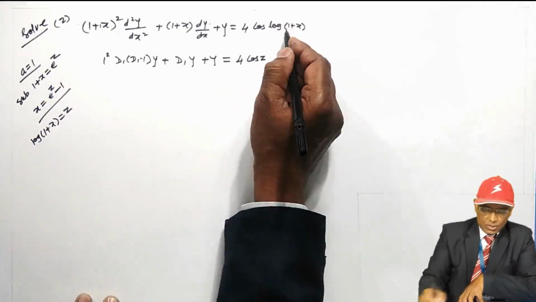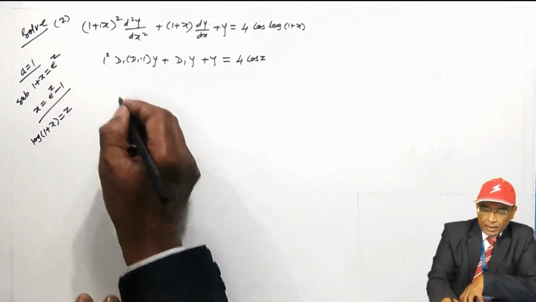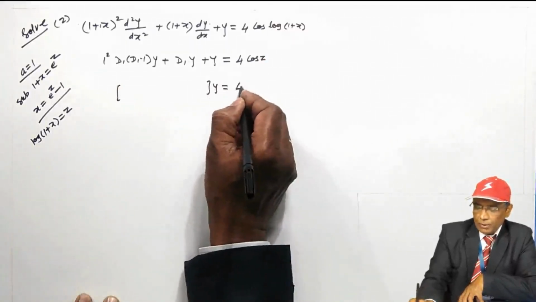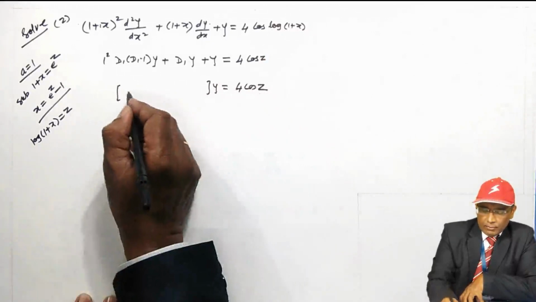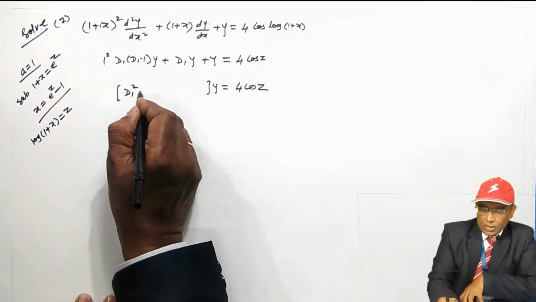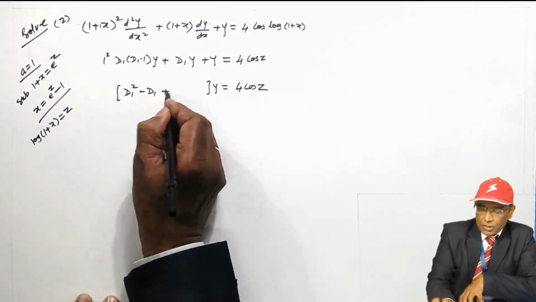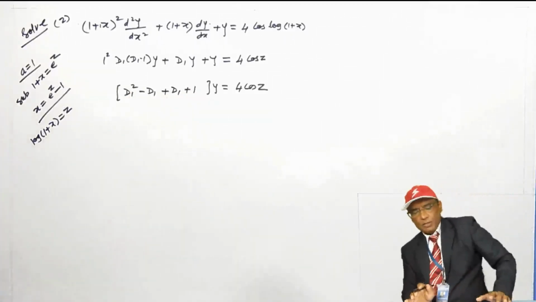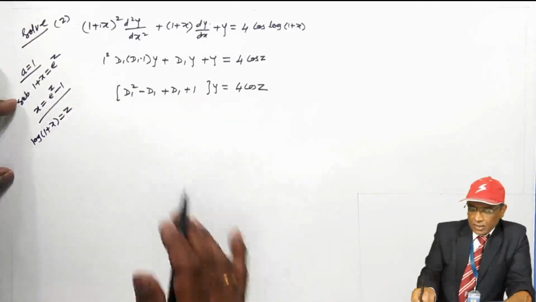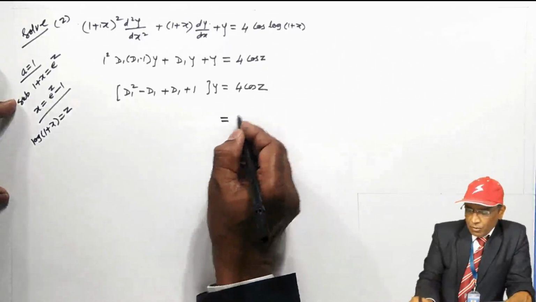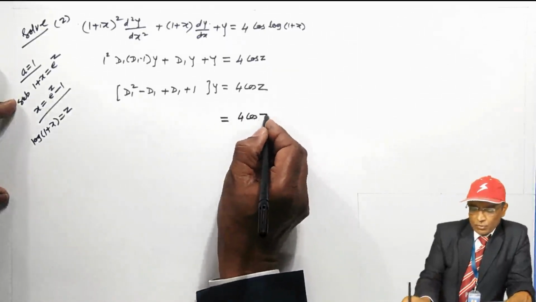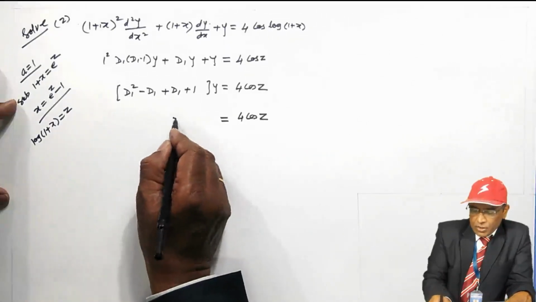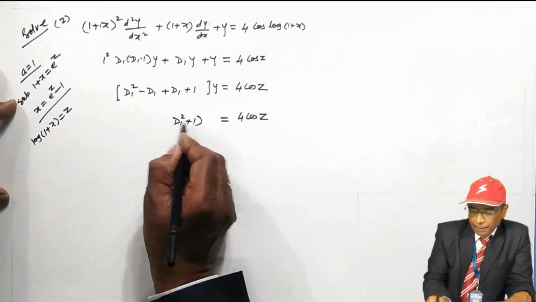Log of 1 plus x is z. Take y common: D1 square minus D1 plus D1 plus 1. Okay, I am not explaining much because this calculation you are now very much aware of how to proceed and how to go very fast. D1 cancels, D1 square plus 1, y.